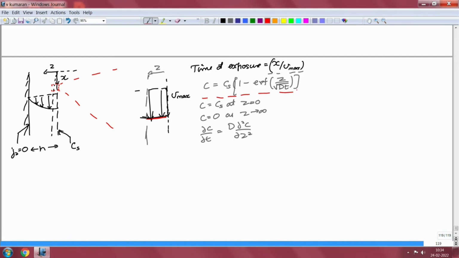For this spatially varying problem, all I need to do is substitute t is equal to this exposure time, and I will get the solution.